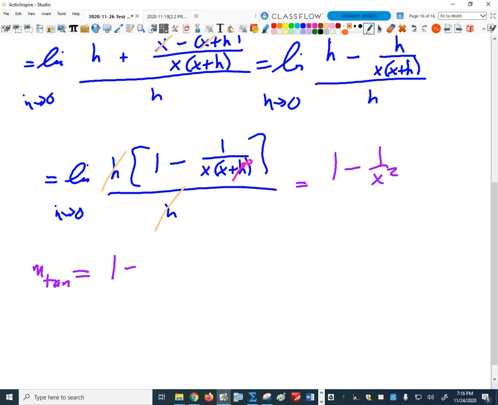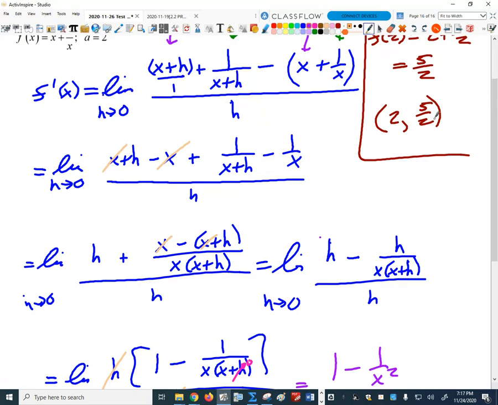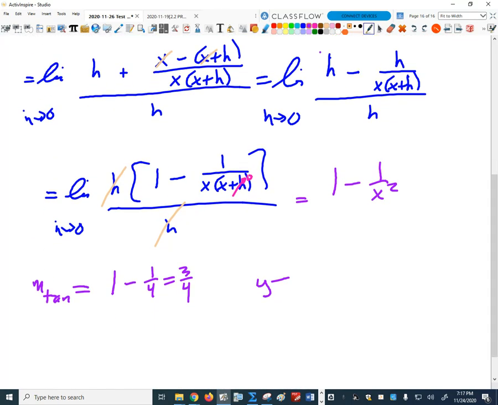That gives me 1 minus 1/4 equals 3/4. So then by point slope, we just get y minus 5 halves equals m, which is 3/4, times x minus 2. And there's my answer.